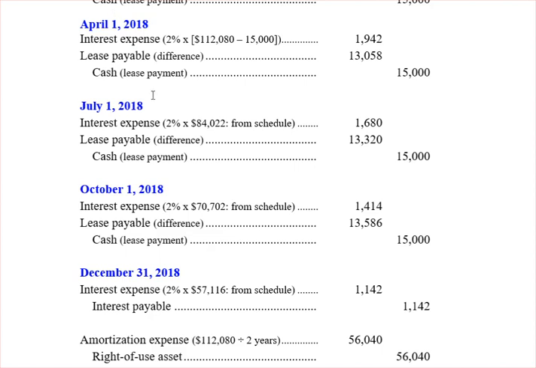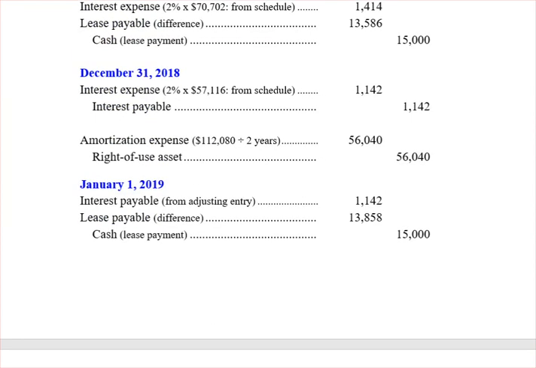Instead, each one of these times, they should have just done a journal entry, which took a portion of this 56,040. This journal entry, as I'm saying, should be done at least here, here, here, every time all along the way. Notice in December that there is no interest which is actually paid, because you turn around and you pay it in January.